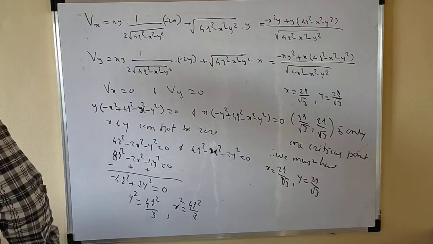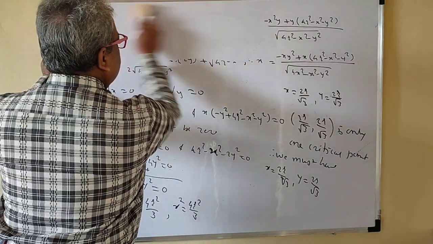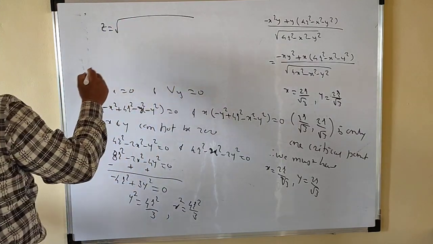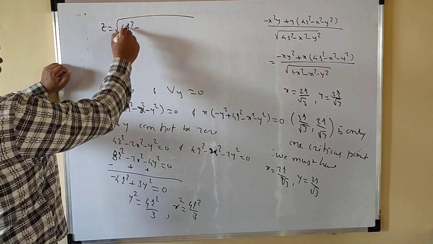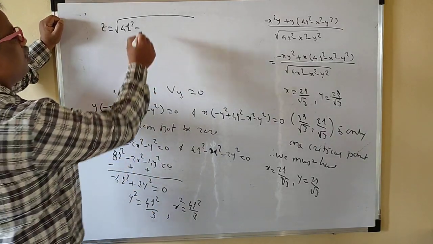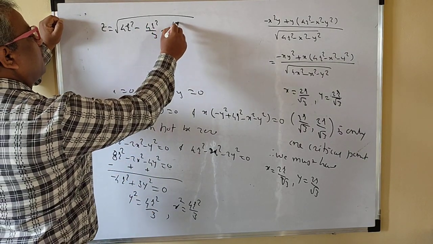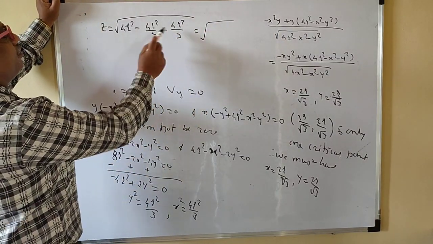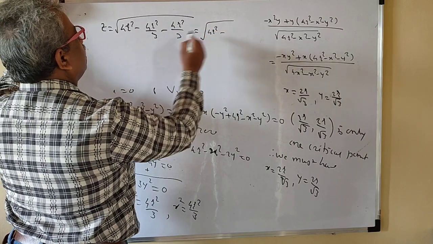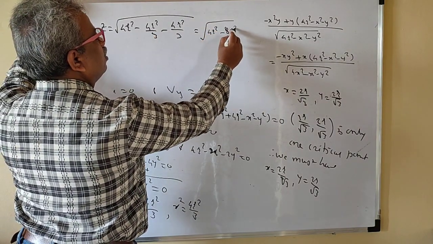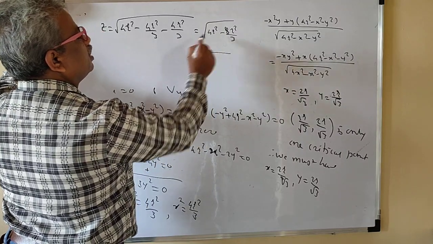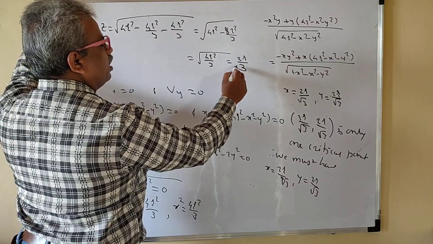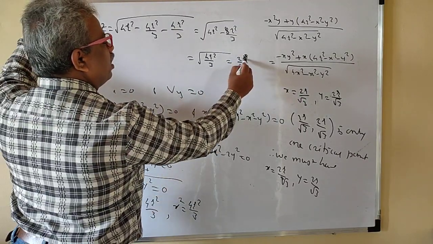Okay, so your z is equal to root of what? 4r square minus x square, 4r square by 3, minus 4r square by 3. So this is 4r square minus 8r square by 3. So root of this is 12, so this is 4r square by 3. So this is 2r by root 3. We will take the positive value, right?